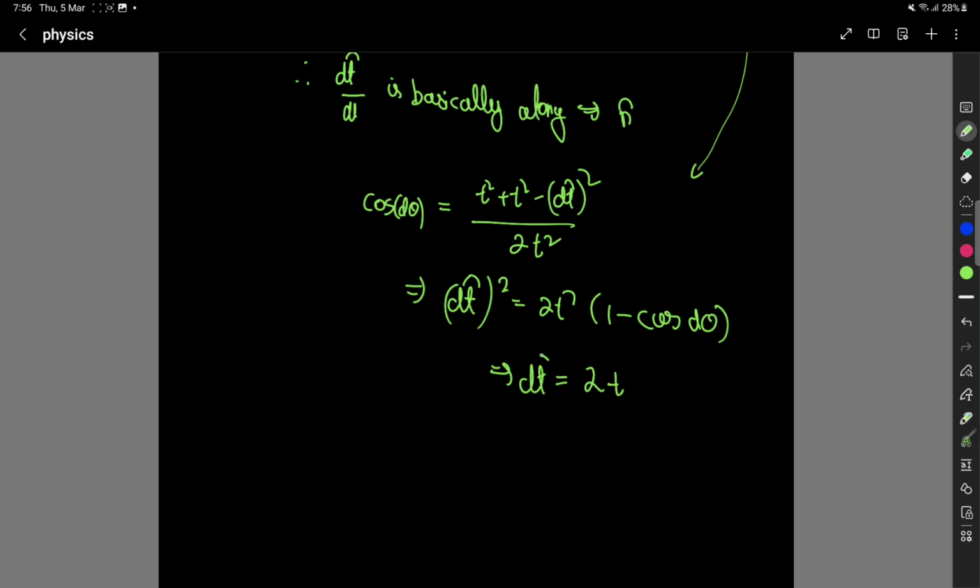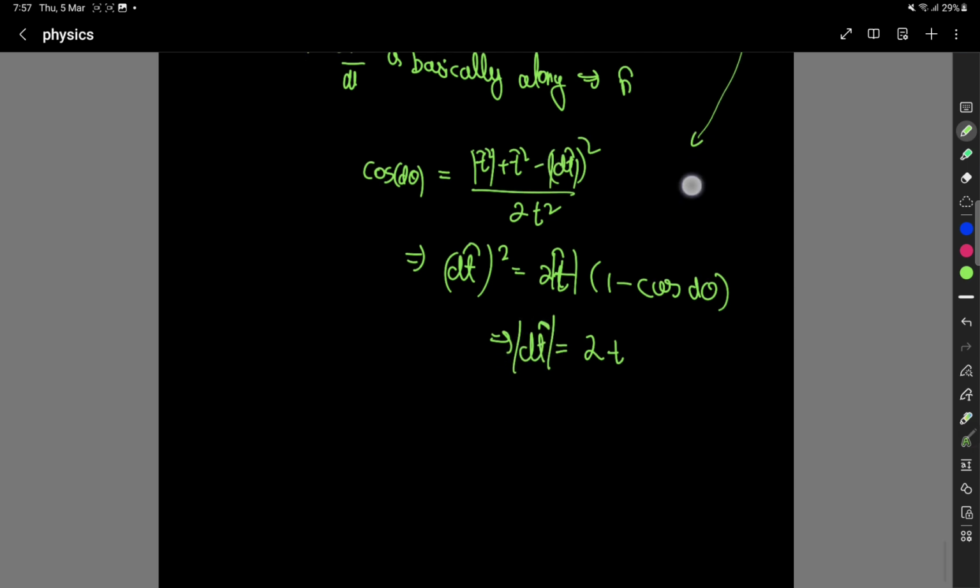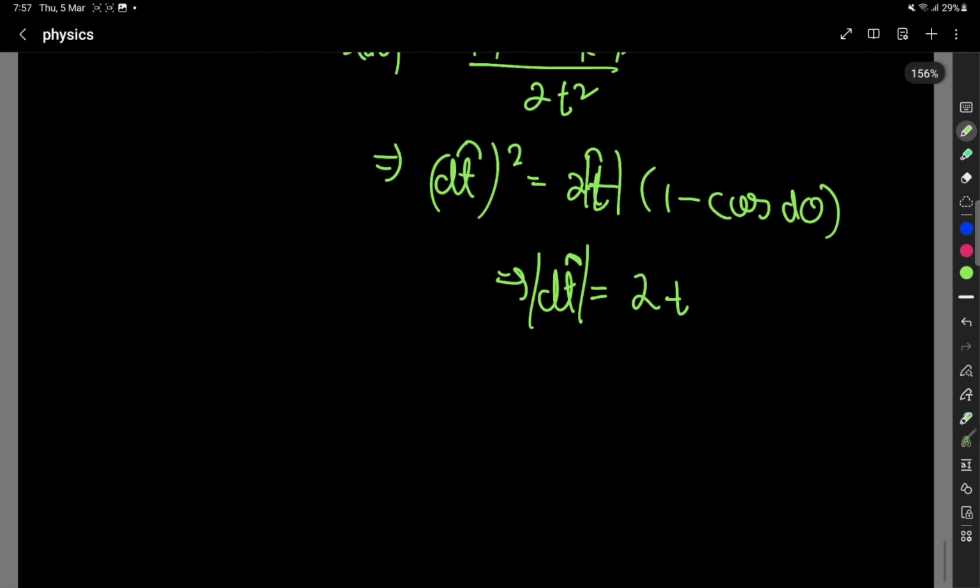2 mod t cap sin d theta by 2, everywhere just put mod.